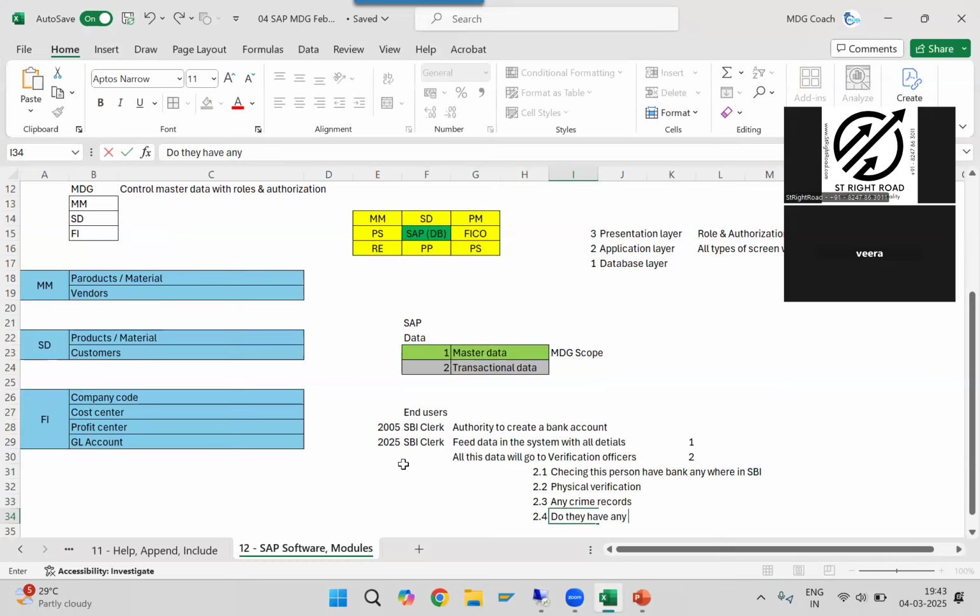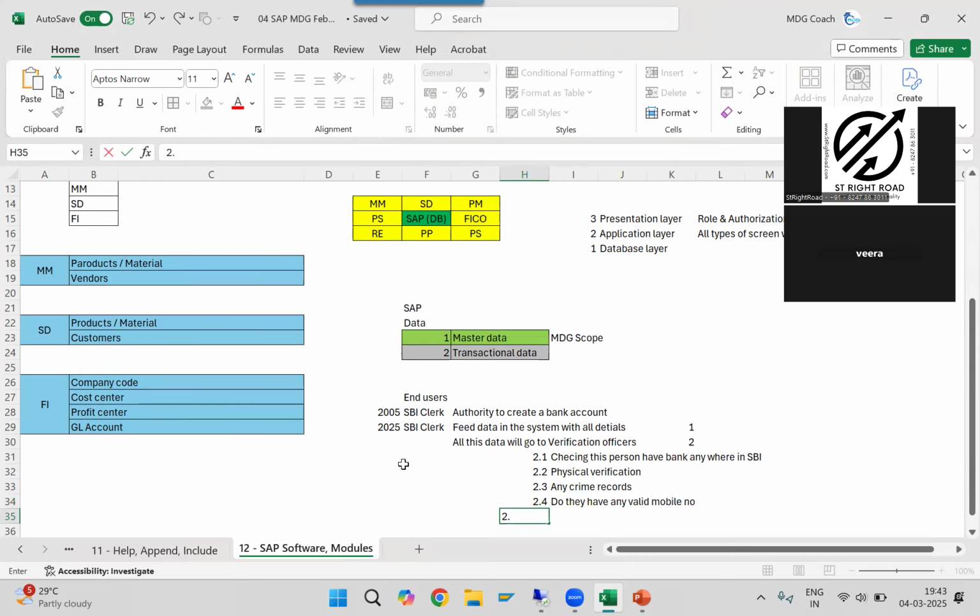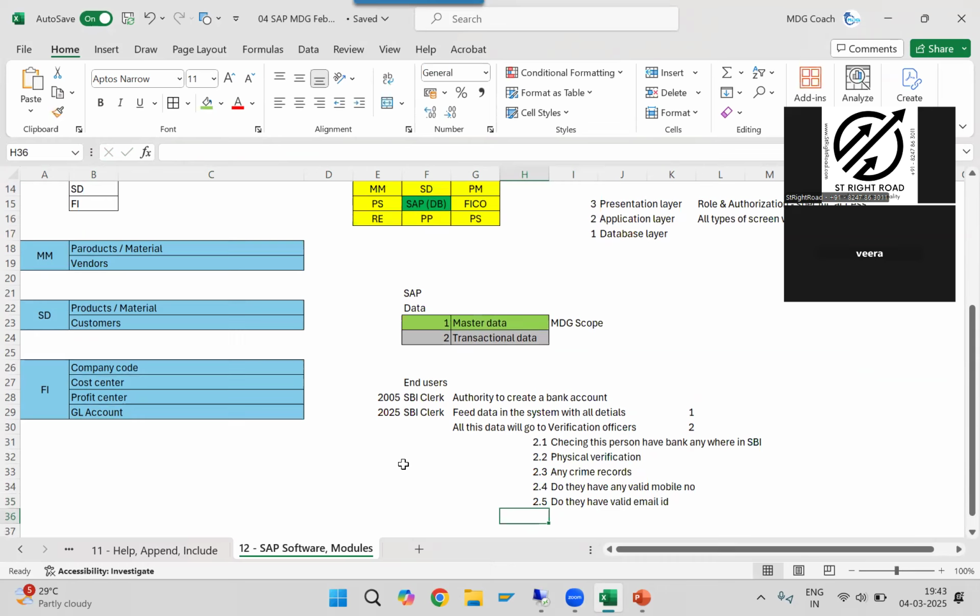Then a valid mobile number, so OTP verification and all. Do they have a valid email ID? Later on you can also verify and change this. And do they have citizenship or not?